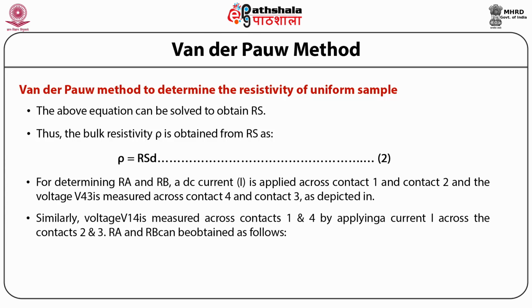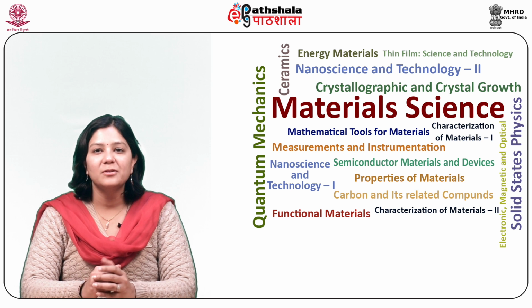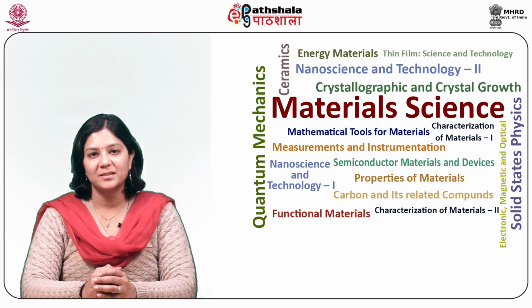Similarly, the voltage V14 is measured across contacts 1 and 4 by applying current across contacts 2 and 3. So, Ra and Rb can be obtained as Ra equals V43 divided by I12 and Rb equals V14 divided by I23. So students, let us now summarize what we have learnt in this module.